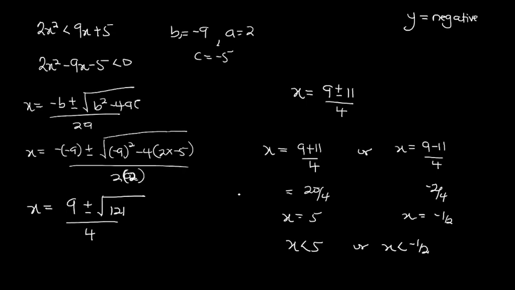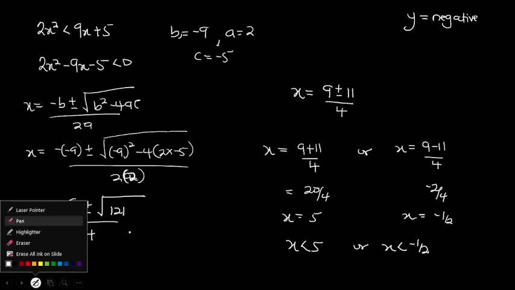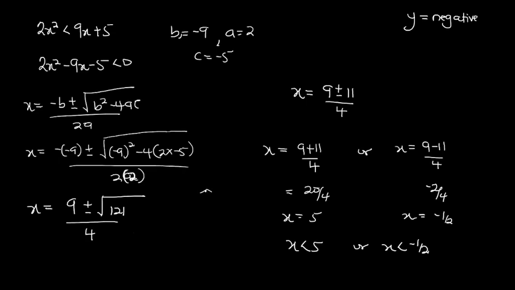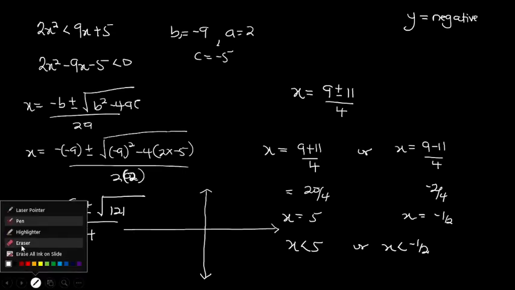Now from here it means we need to plot our graph or draw our graph. So let's do that. All right, so let me just use this small space over here. Okay, so I have 5 and the negative half, so let me redraw this graph.